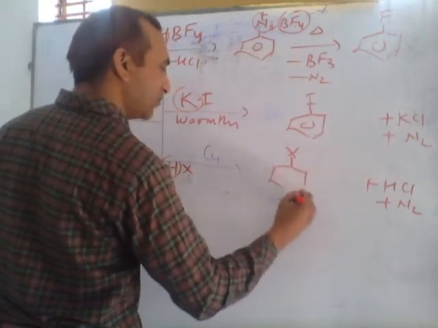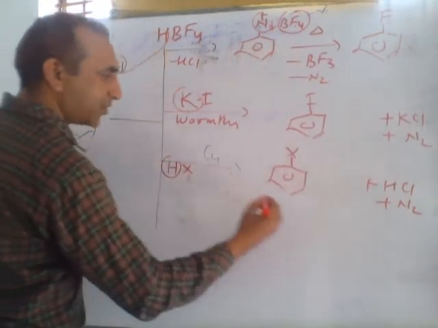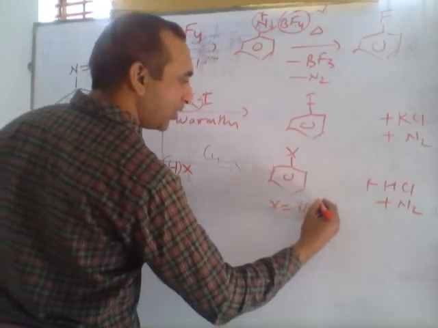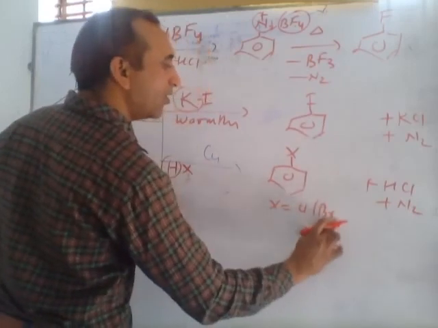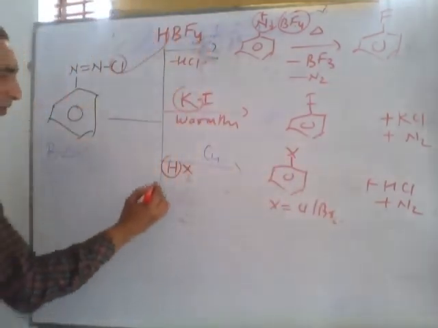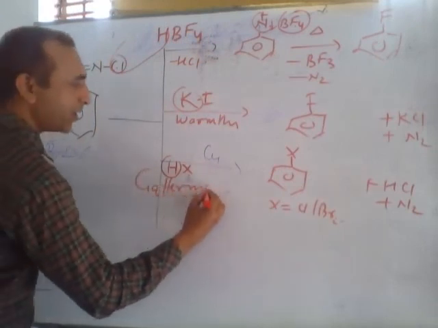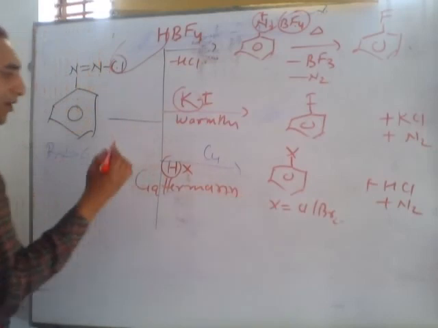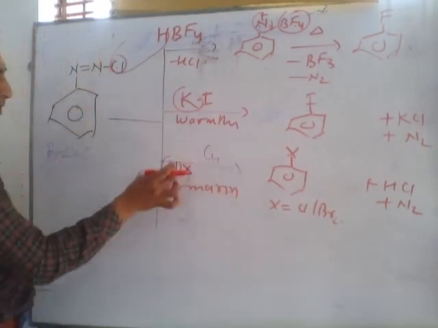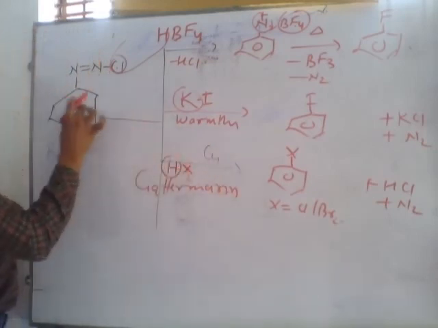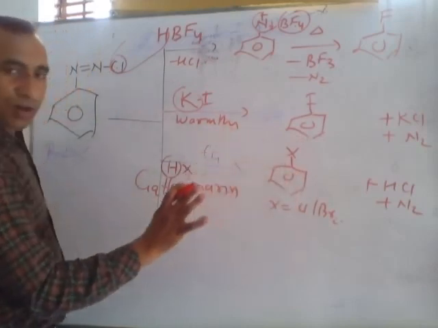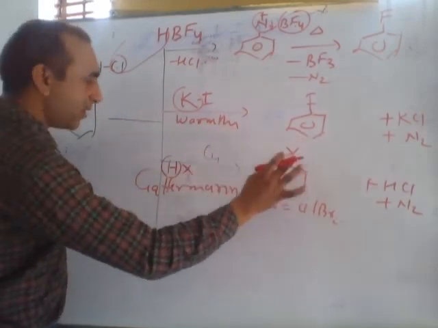Listen. Here X may be chlorine or bromine, not iodine. This reaction is called Gattermann reaction. In the Gattermann reaction, in the presence of copper, HX reacts with BDC to form halobenzene, chloro or bromo.